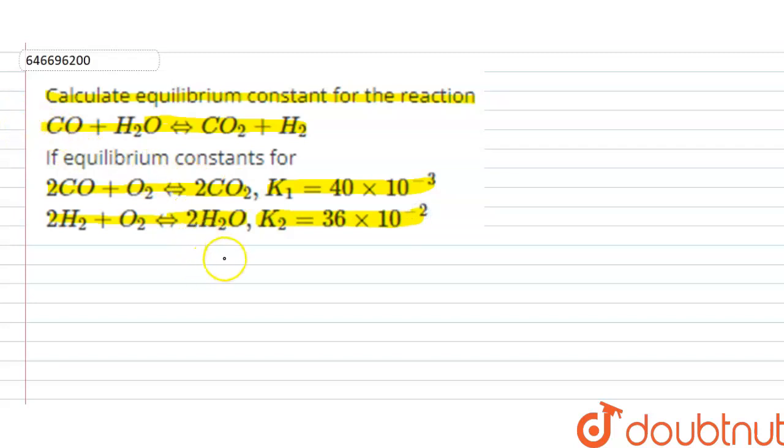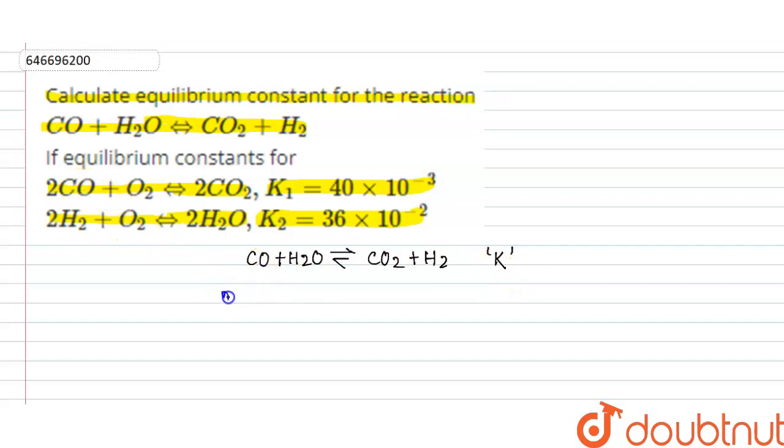So first, the main equation for which we have to calculate the equilibrium constant is CO plus H2O gives rise to CO2 plus H2. Let the equilibrium constant for this reaction be K. So we have to calculate the value of K. And now we have to find out the value of K using these two equations.